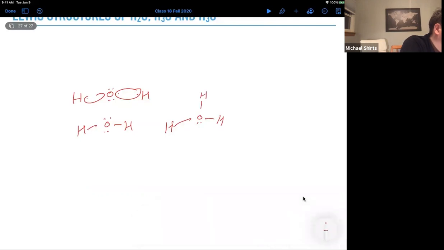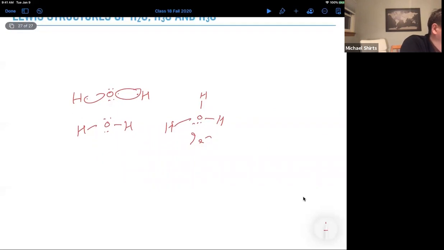So we'd have H, but there'd be 1 more electron there. The oxygen now has 1, 2, 3, 4, 5, 6, 9 electrons around it. And that extra electron is going to be pushed into some higher energy level. It's not particularly stable. So H3O, we predict, is not very stable. I mean, you could get it, but it would immediately react and fall apart.